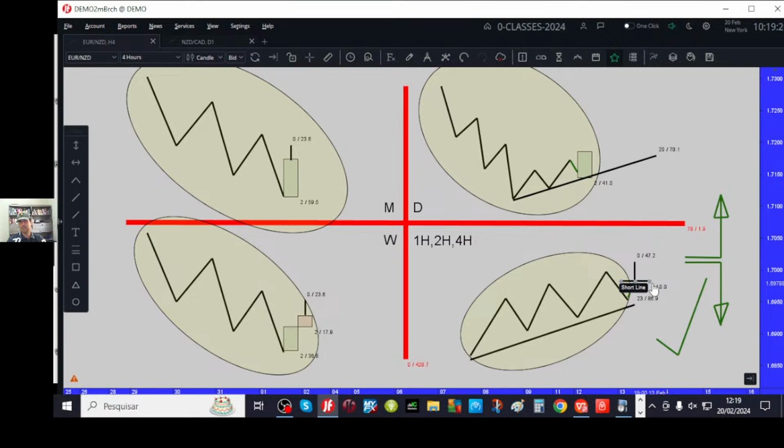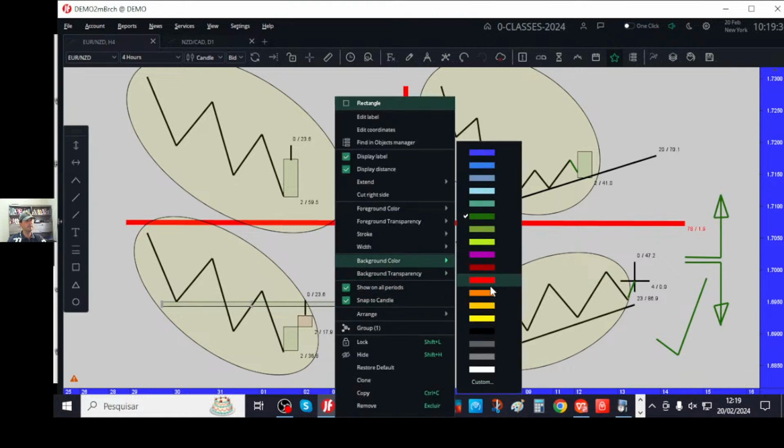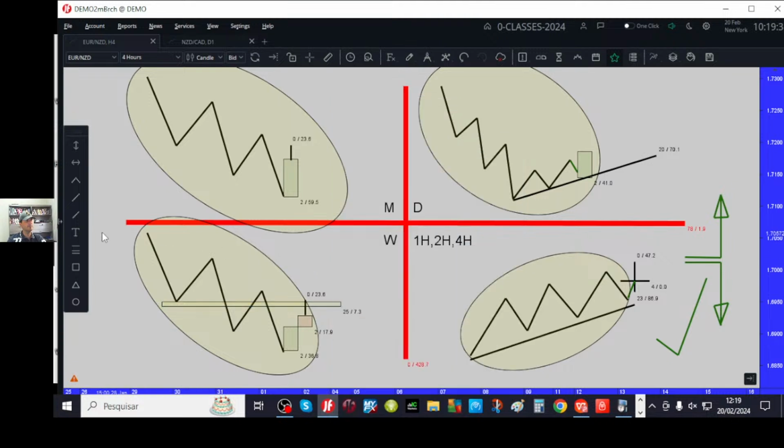Alright, everybody. Do we agree with James that the weekly, maybe this one, and the monthly are at past resistance? Do we agree?